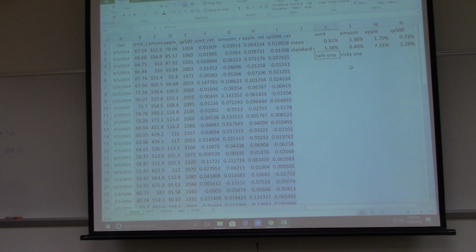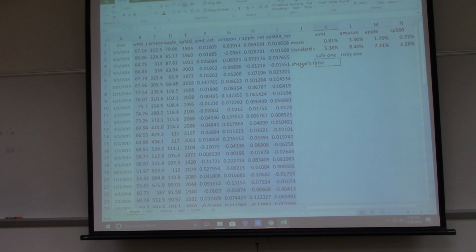Right? So it seems like for me, I want the S&P 500, and if I pick individual stocks, I'll try Amazon. So what about you guys? Because you see, there's another ratio. It's called Sharpe's ratio. I think it's Sharpe's ratio.